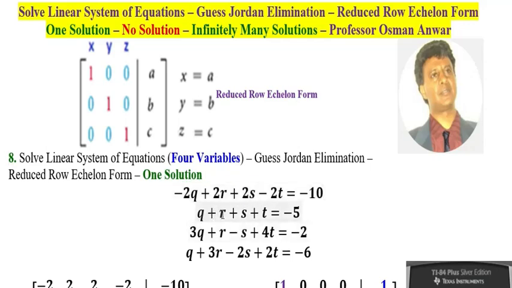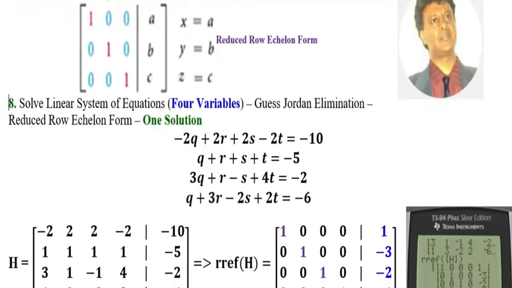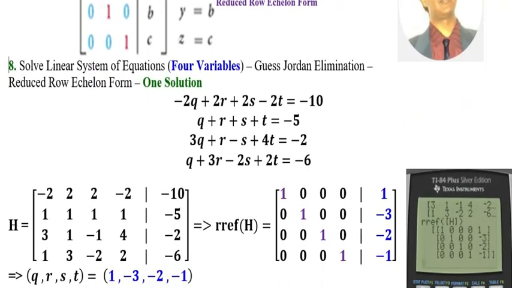Q plus r plus s plus t equals minus 5. 3q plus r minus s plus 4t equals minus 2. Q plus 3r minus 2s plus 2t equals minus 6. We create a matrix called H.